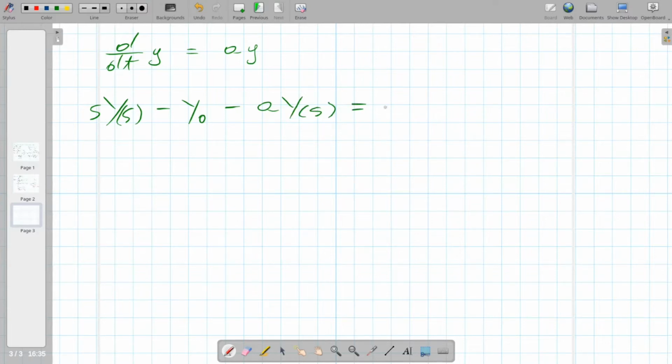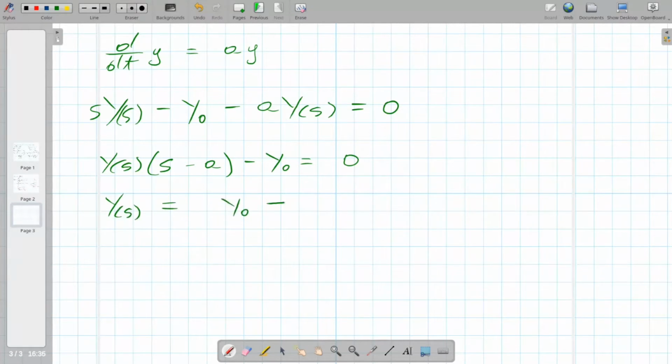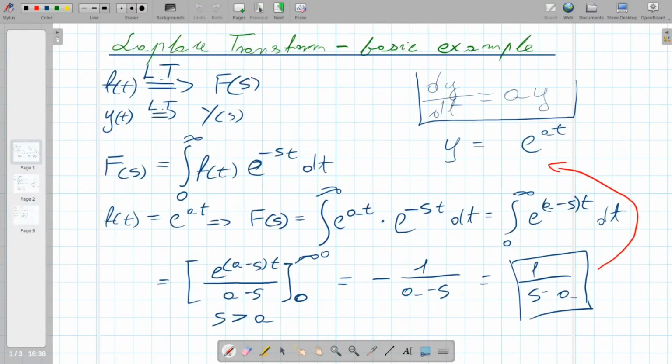And all of this is equal to 0. And as you can see here, this is just the Laplace transform of my function, which is here.